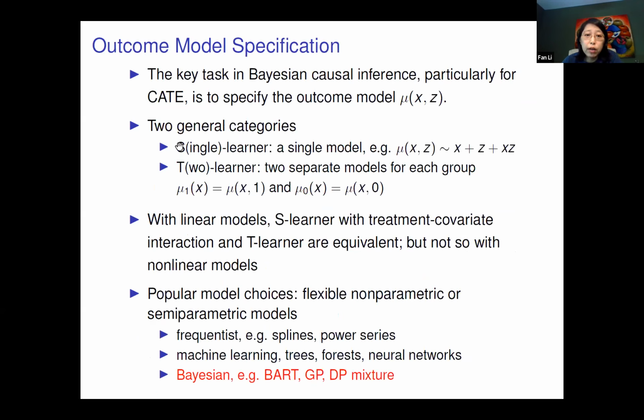We usually have two categories, just to use the names from a paper by Kunzel. You can do this so-called S learner. Essentially, build a single model for this outcome model. So in the simplest case, it would be something like x plus z plus x times z. You have the interaction term. Or you can also do this kind of T learner, essentially build two separate models for each group, right?